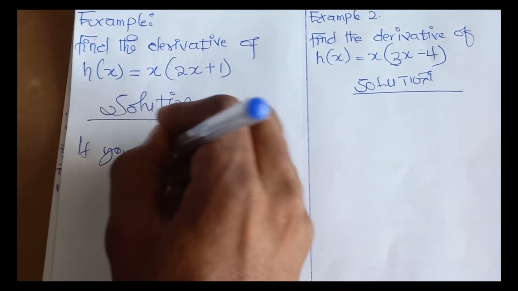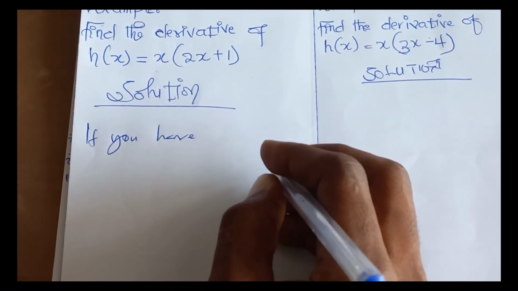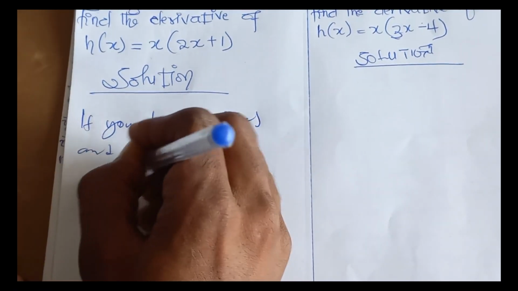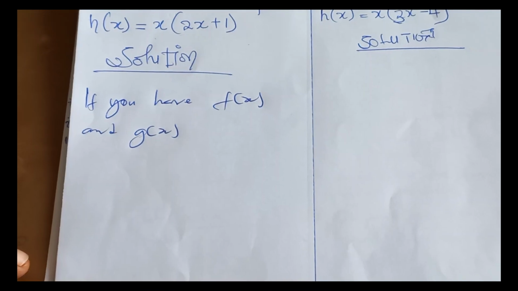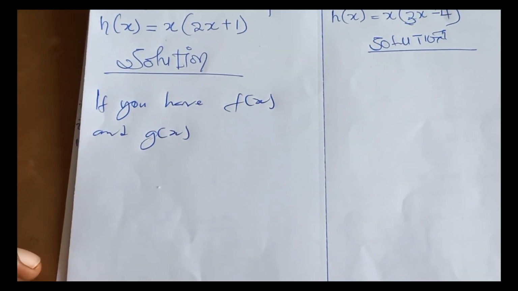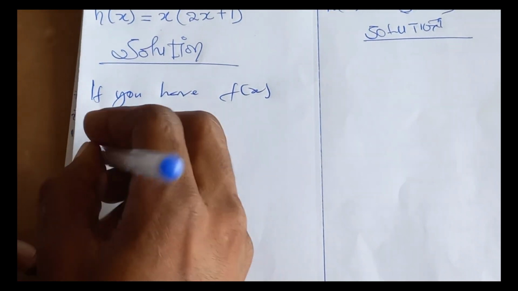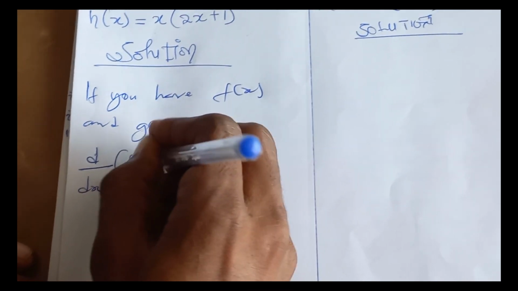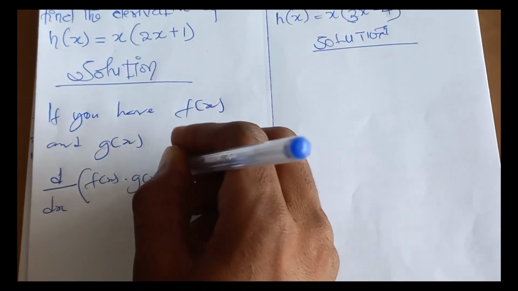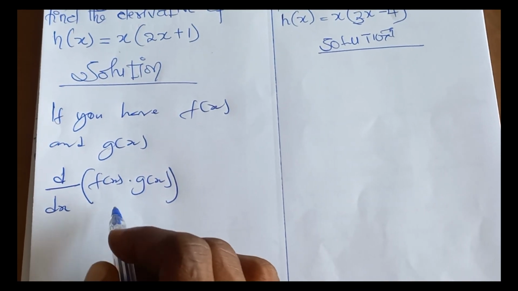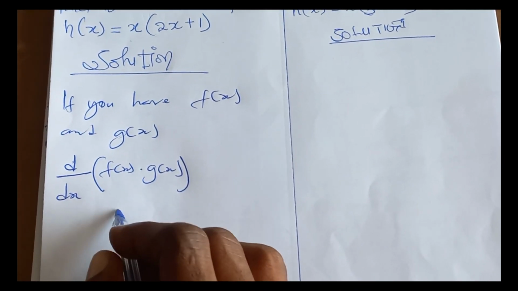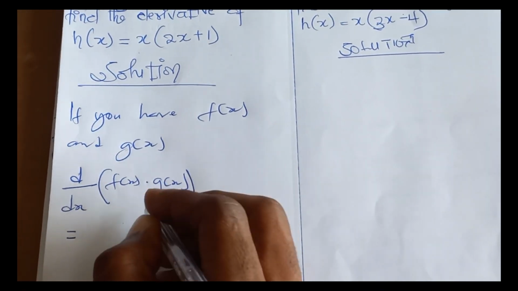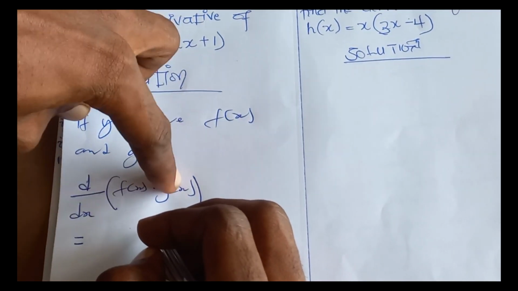If you have, let's say, two functions, f of x and g of x, then the derivative of their product, that is the derivative of f of x multiplied by g of x, what you do is you differentiate the first one, you hold the second one.